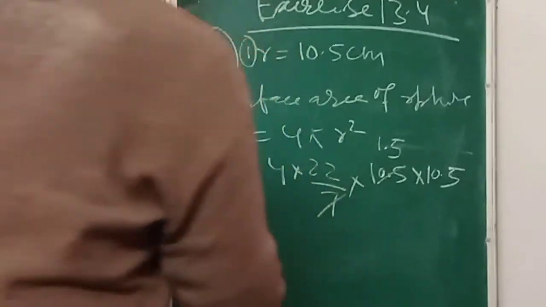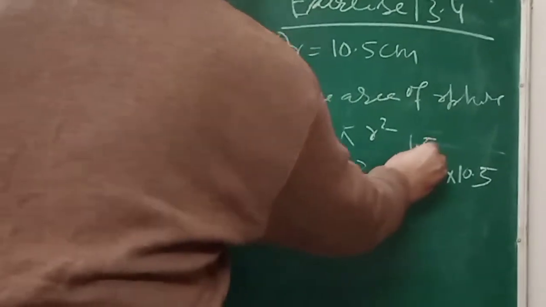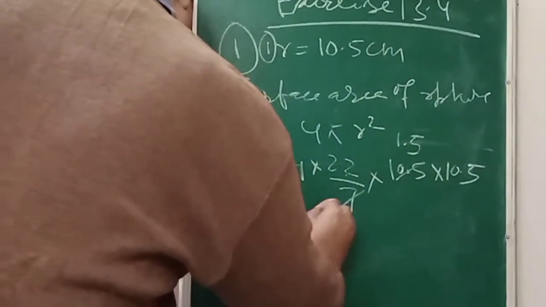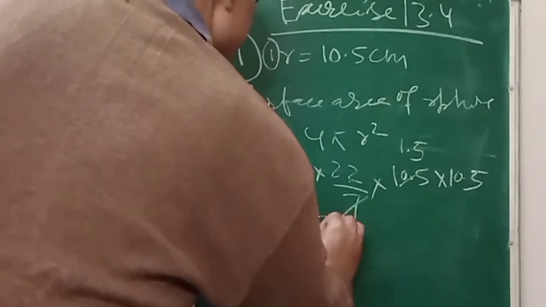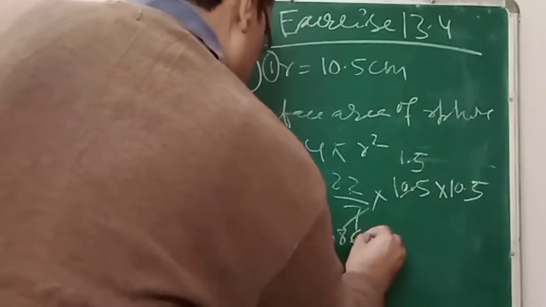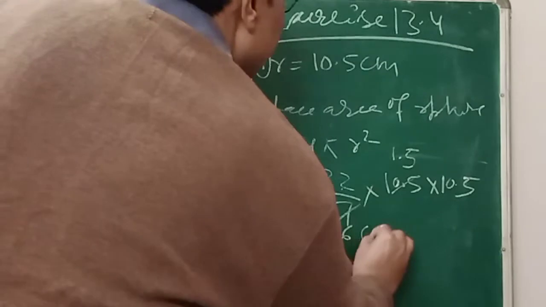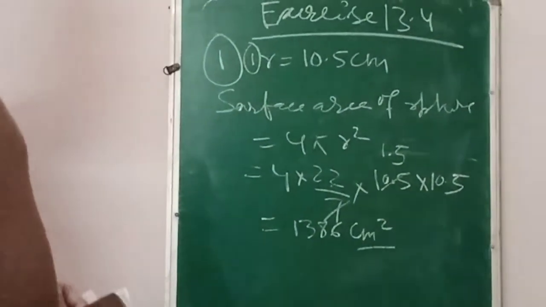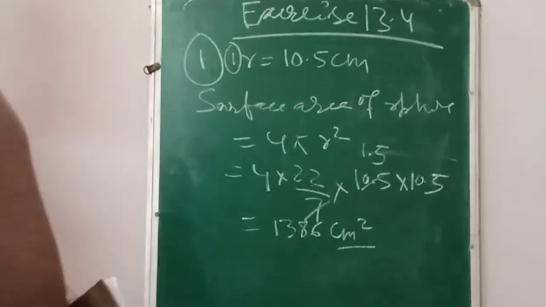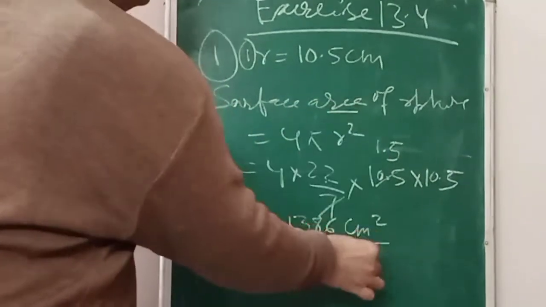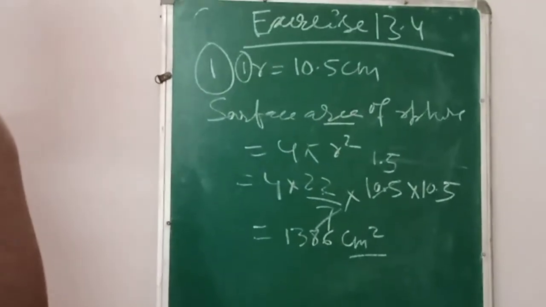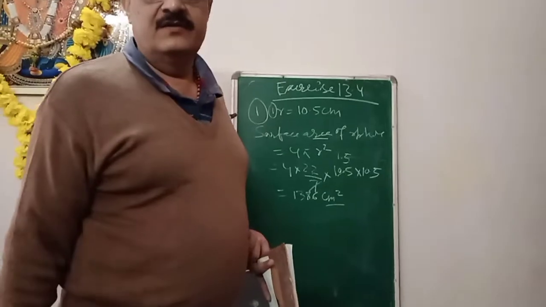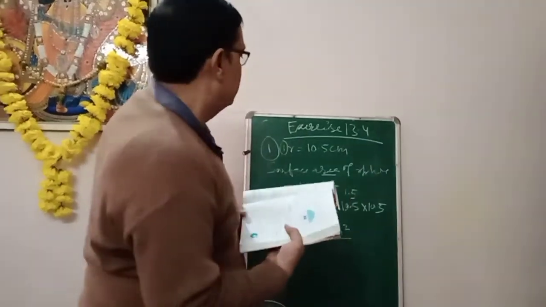So we get 4 into 22 into 1.5 into 10.5, and upon multiplying we will get 1386 centimeter square. It is also important to make sure that we write the unit of area, because if we do not write it, then we will lose some marks. So this thing also we should take care of.